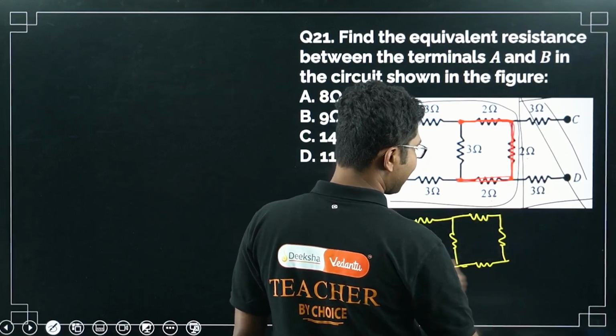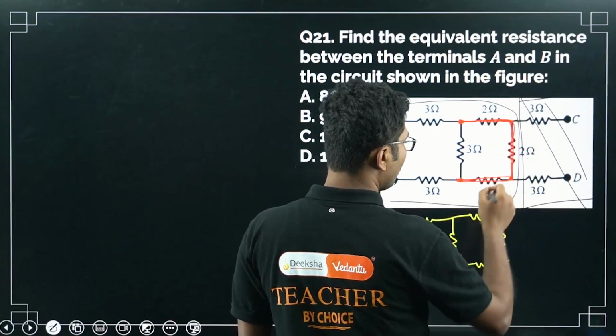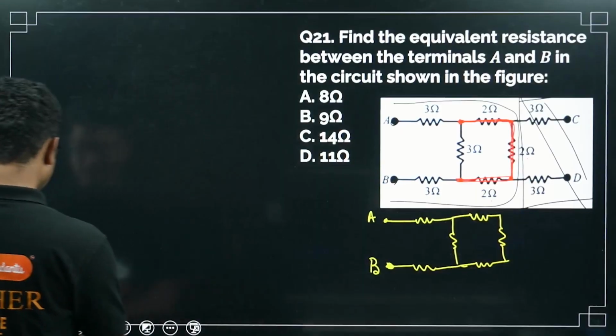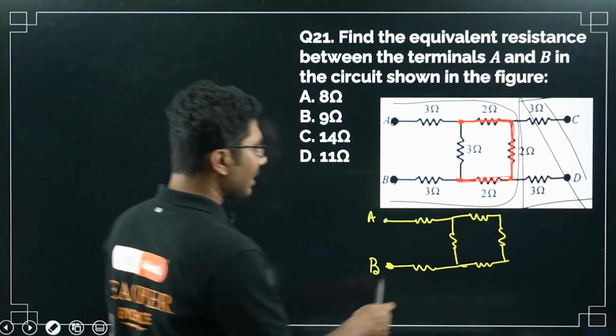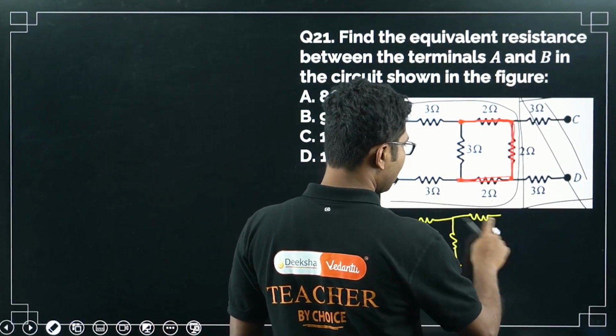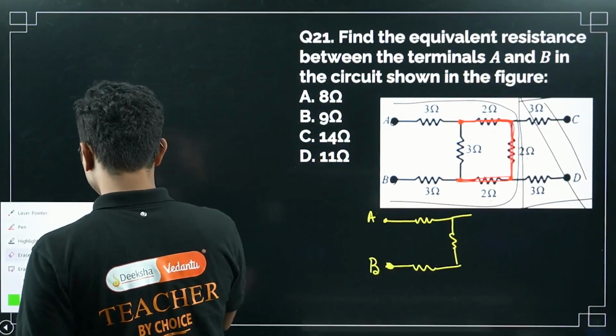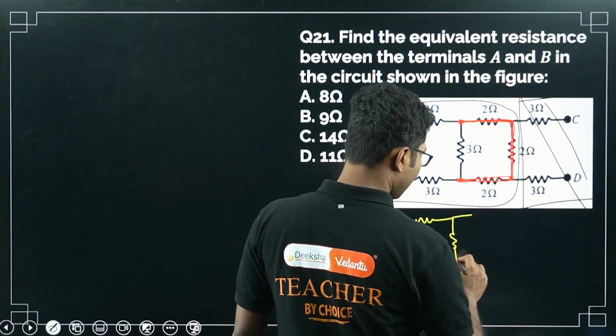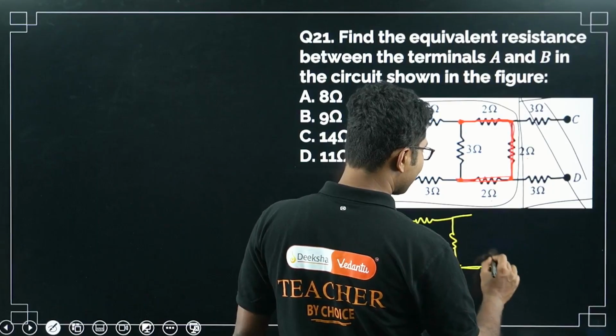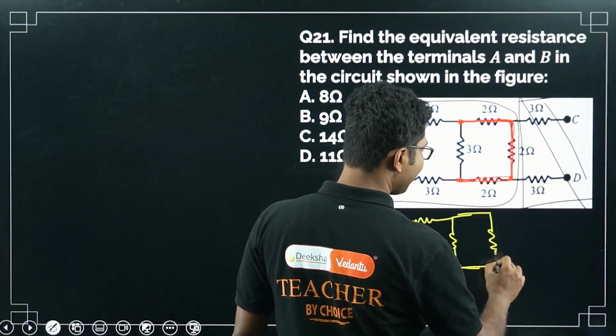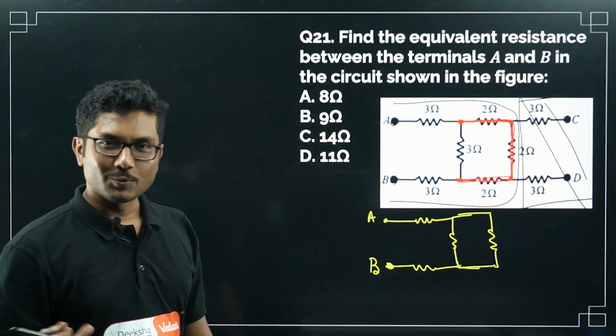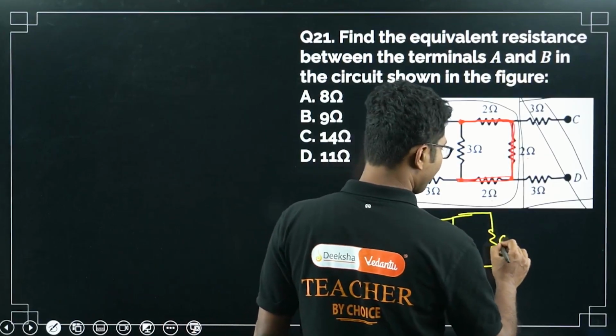So these three are connected in series, 2 ohm, 2 ohm, 2 ohm. If we replace this with a single resistance, what will be the equivalent resistance? Obviously it will be 2 plus 2 plus 2, so it will be 6 ohm.